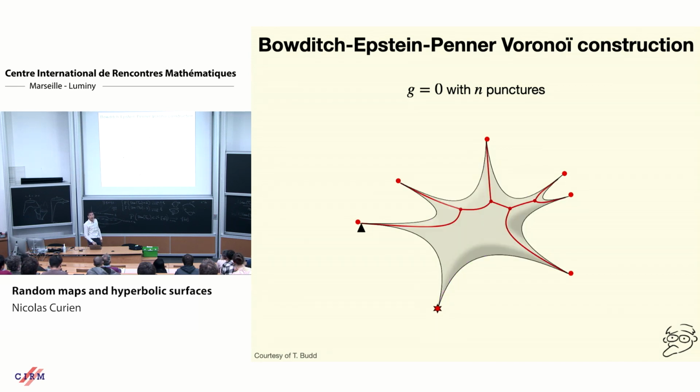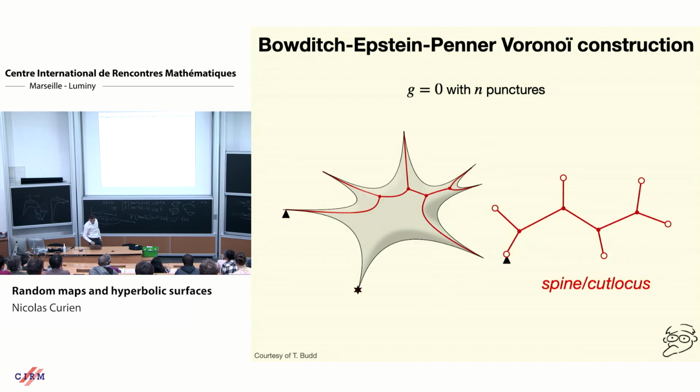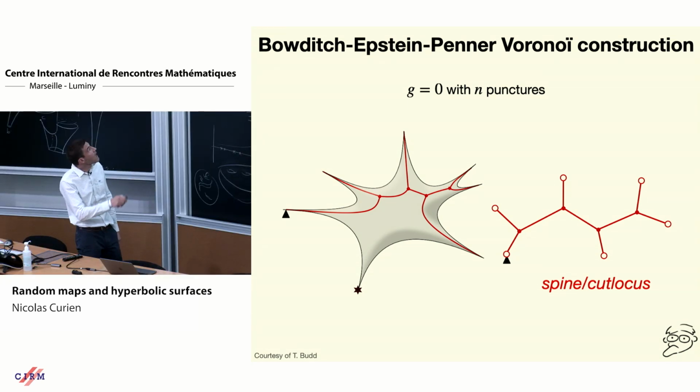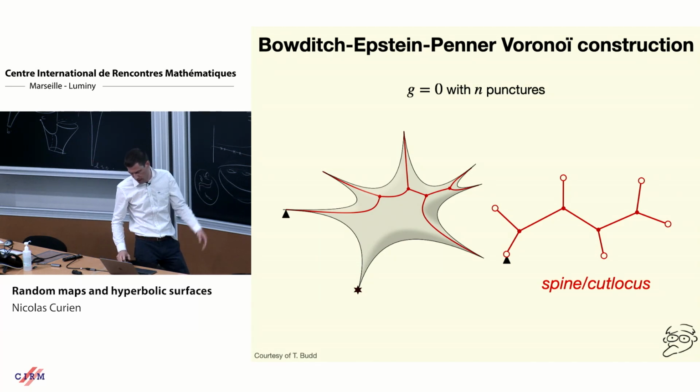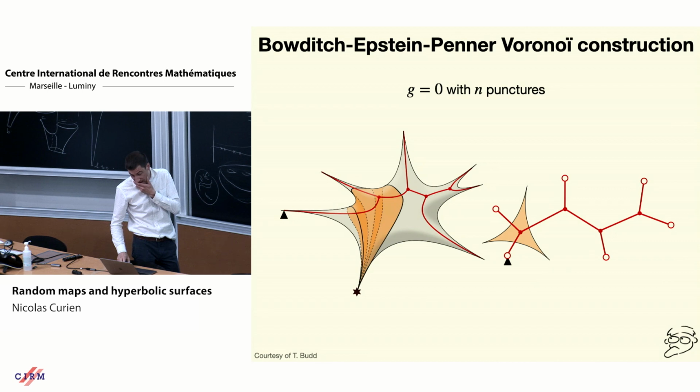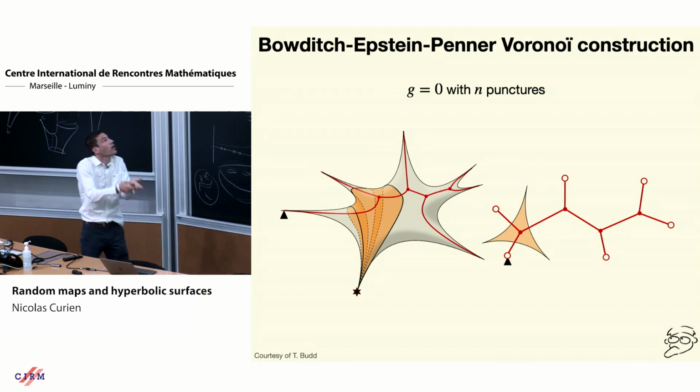And the guy in red here is called the cut locus, or the spine, which is precisely those points where you can send different geodesics towards this distinguished point. And in the case of genus 0 with n punctures, this is just a tree with vertices of degree at most 3, unless you're very unlucky.